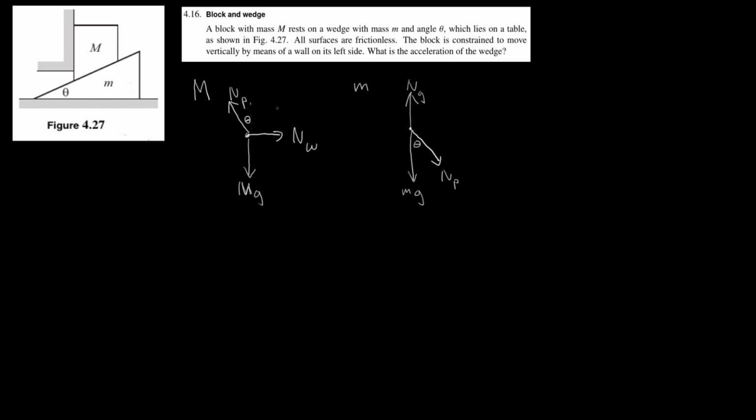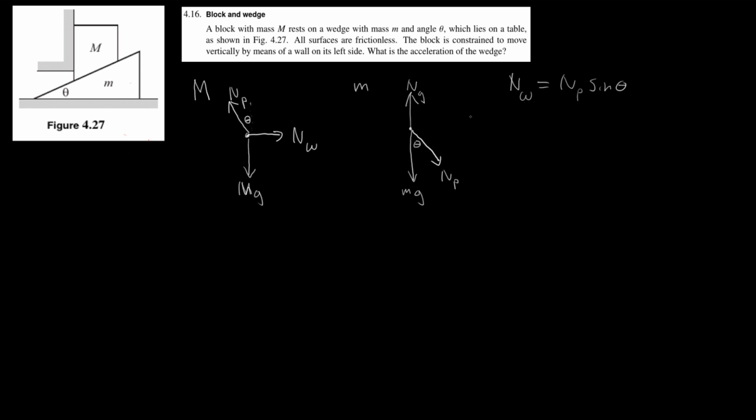So first of all, we know that NW is equal to NP sine of theta. This is because this block cannot move in the left or right direction, so these forces must be balanced. There's zero acceleration.